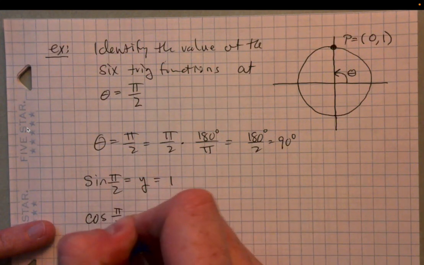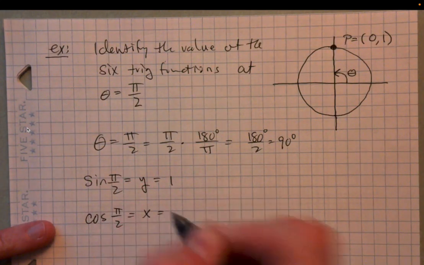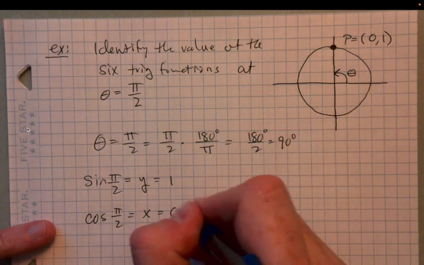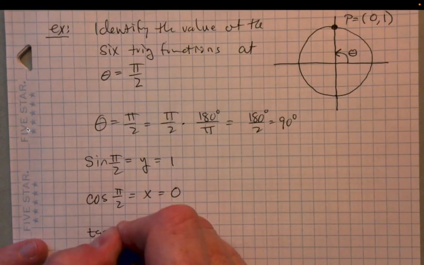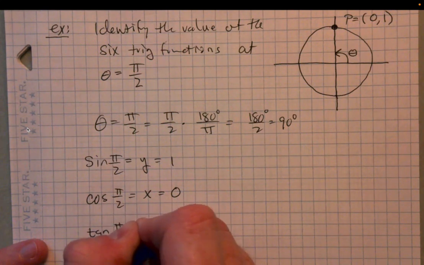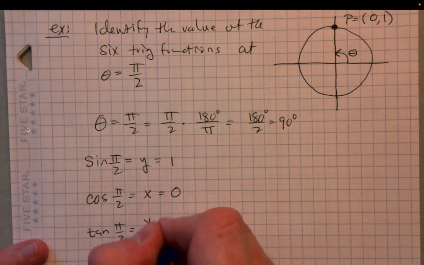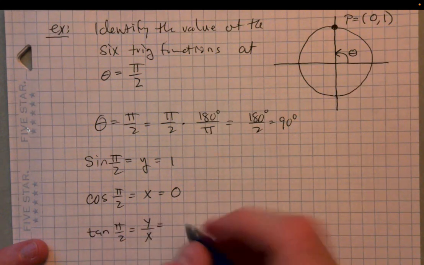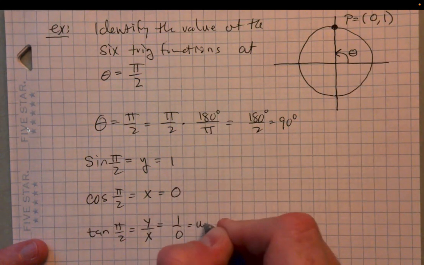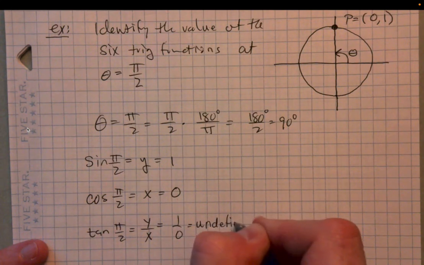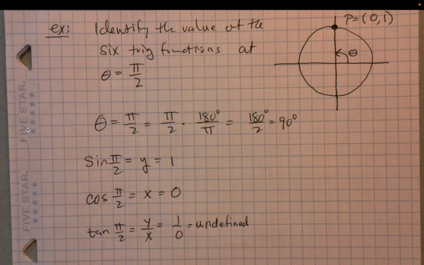Cosine of pi over 2 is equal to x, which in this case is equal to 0. And the tangent of pi over 2 is equal to y over x, which is 1 over 0, and so we would say that the tangent is undefined at pi over 2.